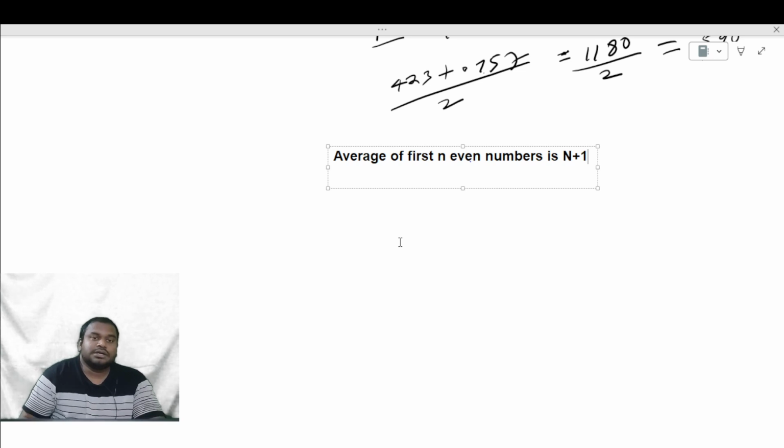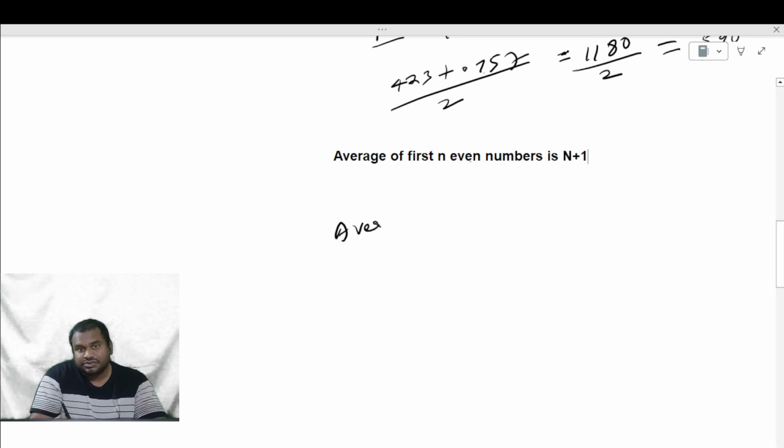Okay? So the average of the first n even numbers is n plus 1. See, this is the formula. Suppose somebody asks you the average of the first 4 even numbers. What will you do? What are the first 4 even numbers?